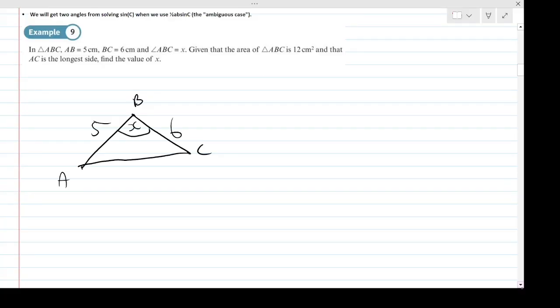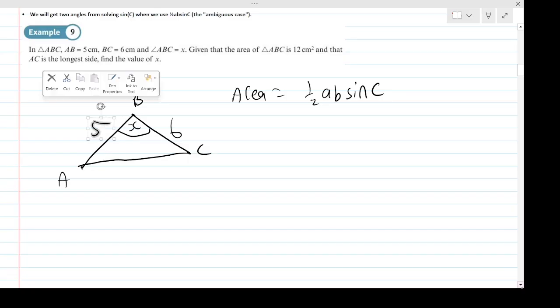We're also told the area of this triangle is 12. Now, we know the area is half ab sine C, and it's the angle between two sides, which is exactly what we've got. We've got this side of 5, and this side 6 next to this angle x.